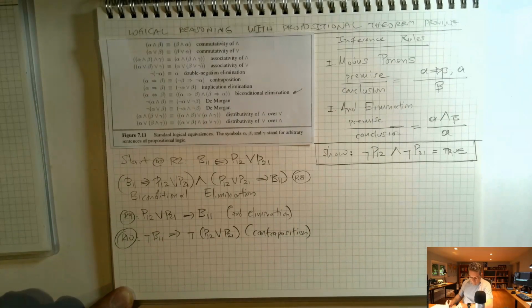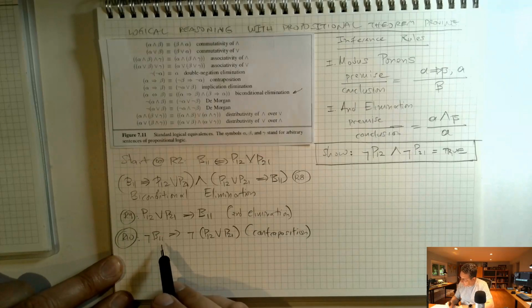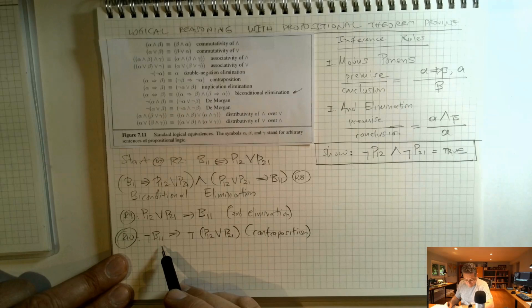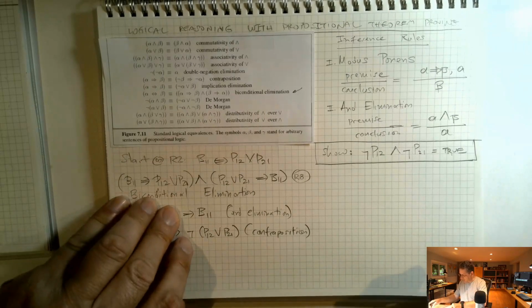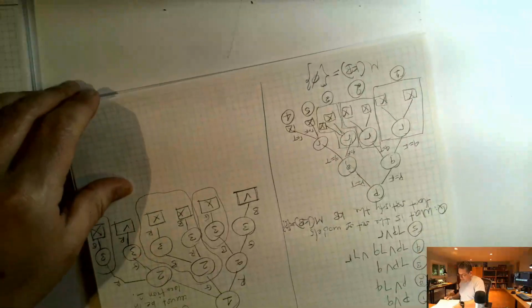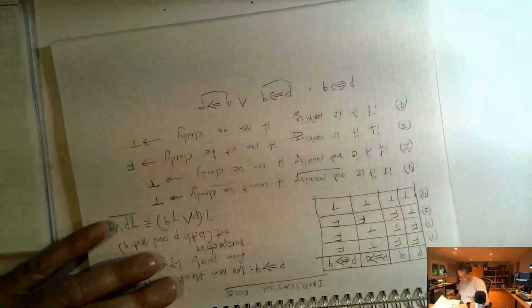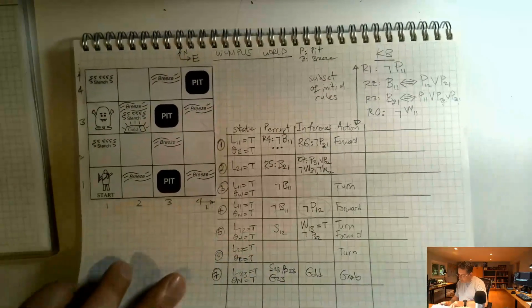All right, and now we will apply modus ponens, where we have an earlier rule that we had in the knowledge base. Back when we were discussing the knowledge base, we had the rule R4.